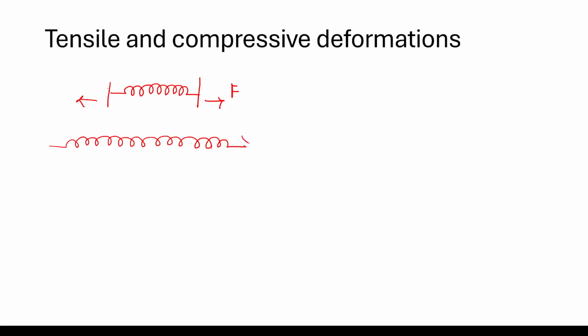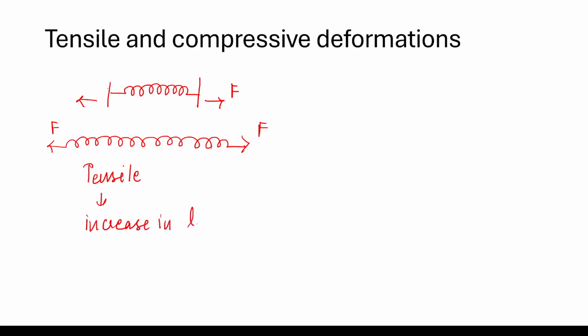If I have a horizontal spring, and you're pulling the spring from both sides by force F and the spring extends under the action of this pair of forces, then the deformation produced is called tensile. Whenever there is an increase in length, it is tensile deformation.